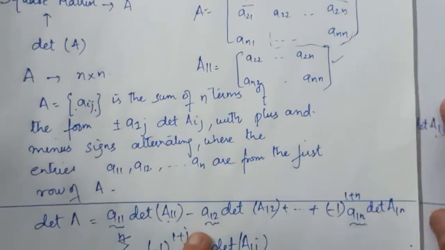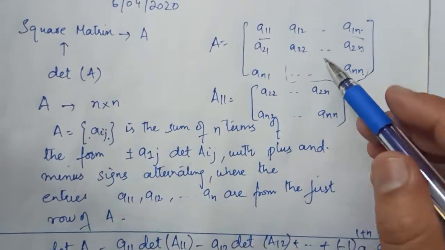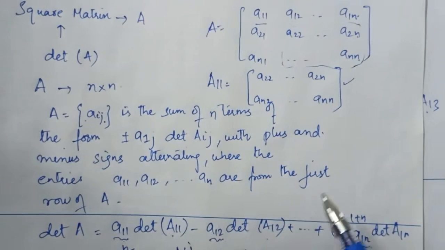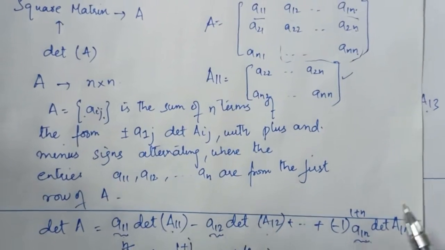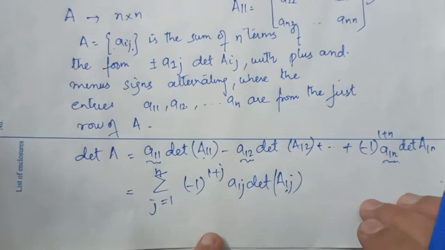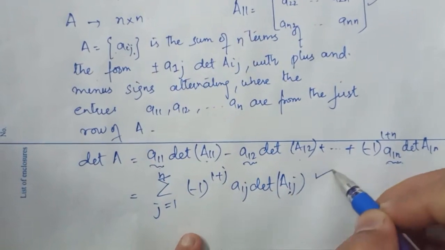Now similarly A12 is an element of matrix A, and then you get determinant of A12, and so on and so forth. So this is the general formula to determine the determinant of matrix A.